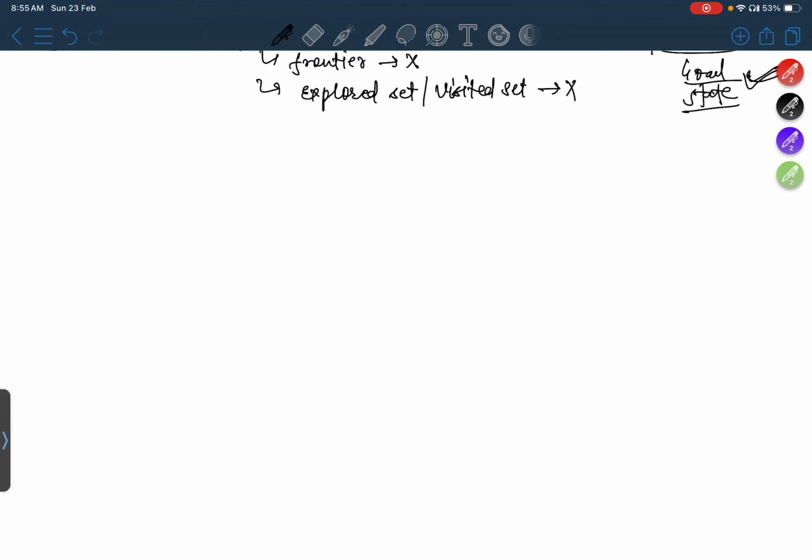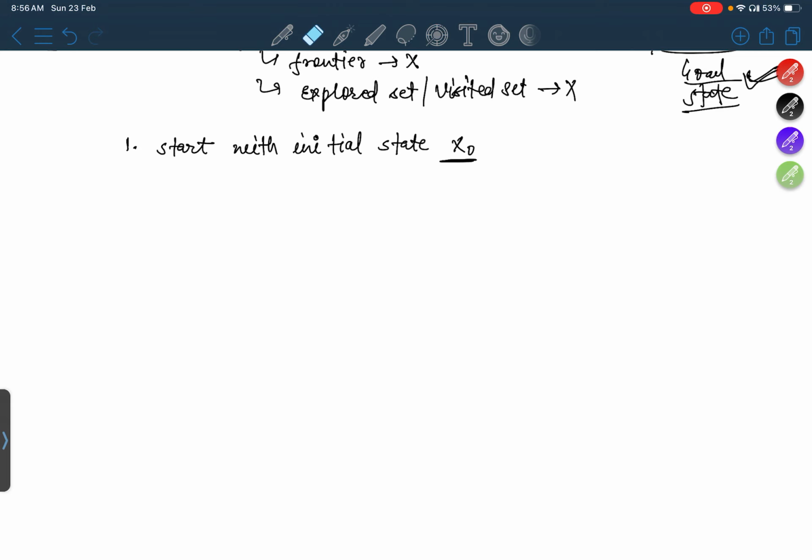So if I simply give you a generic algorithm, first we'll start with the initial configuration, the initial state. Let's call it x0, this is my initial state x0. So how do local search algorithms work? If I have to give you a general idea, they will maintain only one state.